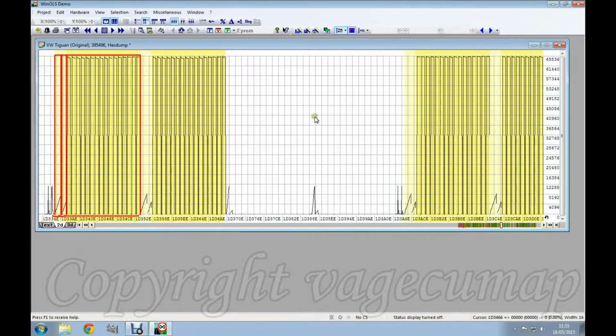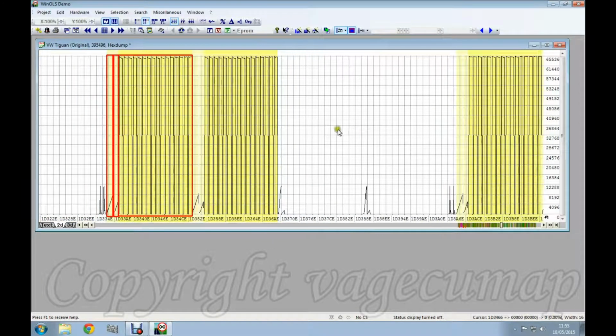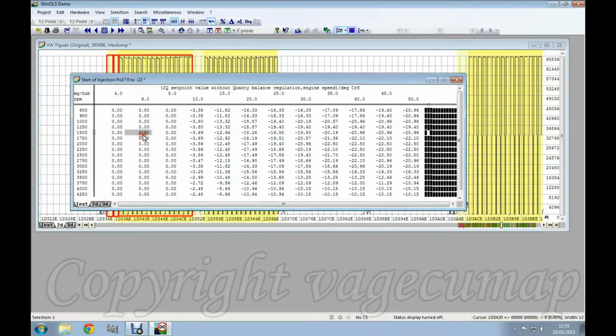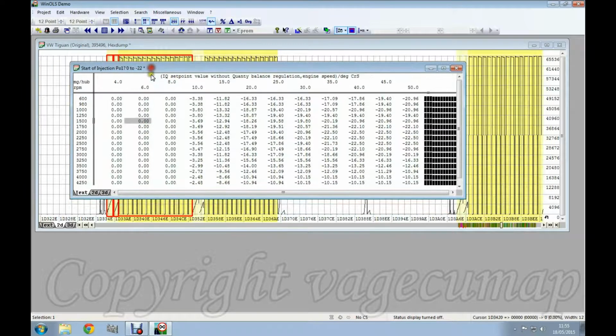What we've got coming up here are some maps that have got these very high values up here. Now these very high values represent large numbers, and large numbers, generally speaking, represent negative numbers once you get to a reasonably high number. So if we look at this one, let's pick this first one. The axes are the same because it's still start of injection. The factors are the same, so this is still start of injection crankshaft angle with the same factor.